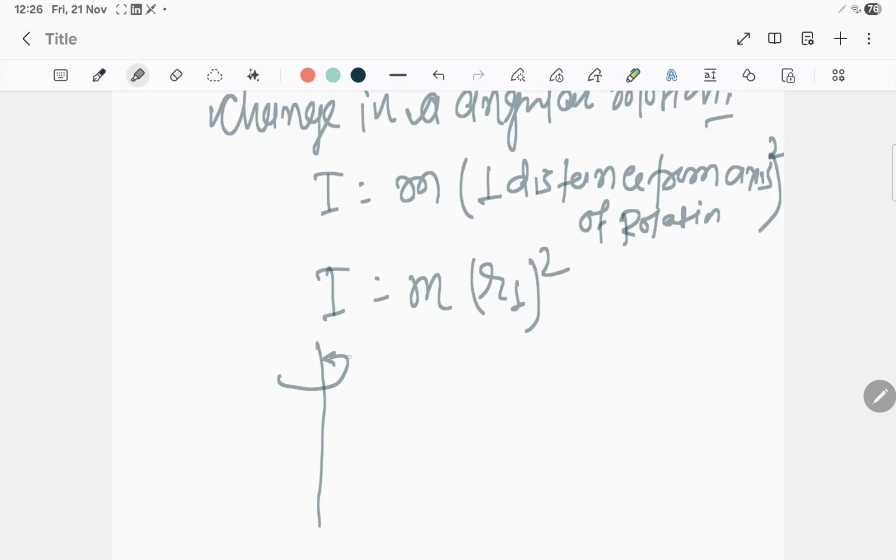I want to rotate a mass about this axis, and the distance of the mass from this axis is r. So the moment of inertia of this mass about this axis is I equals m r perpendicular squared.